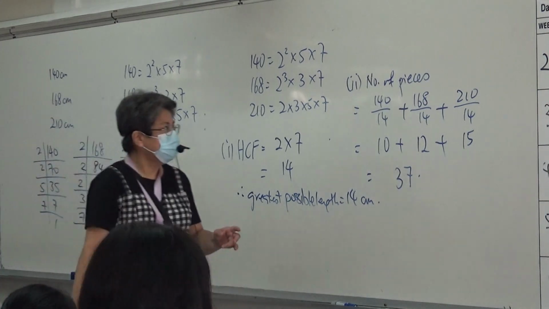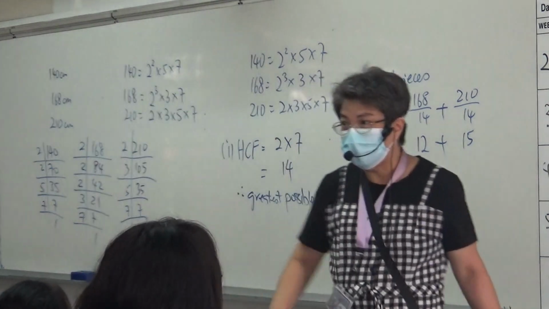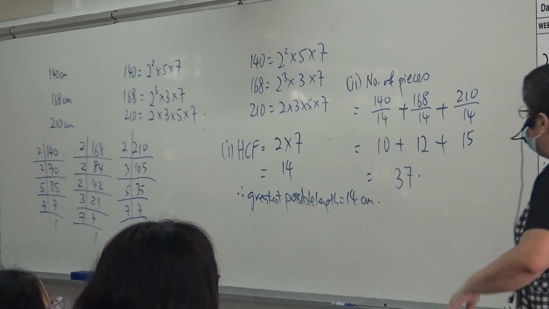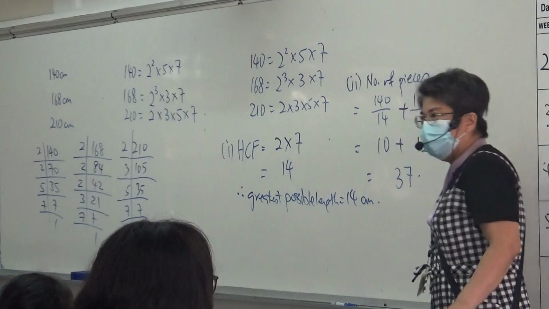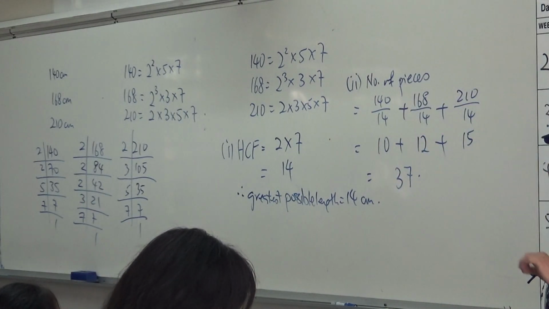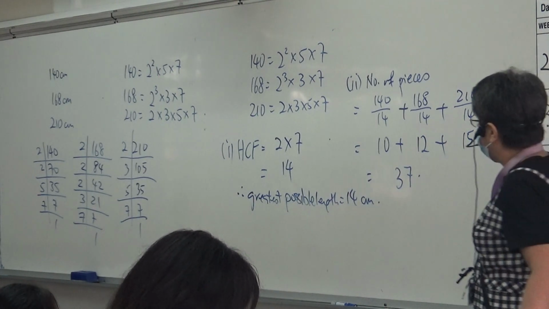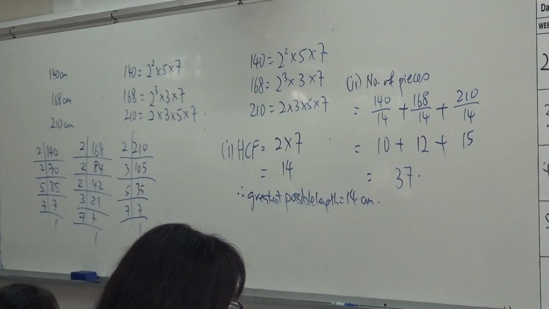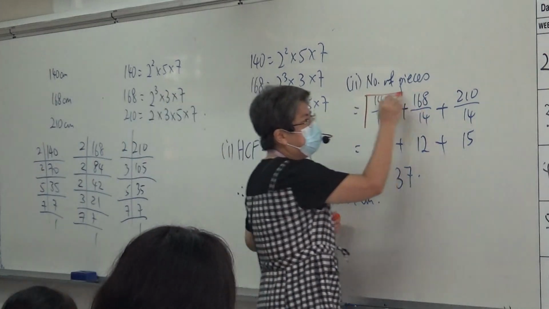Now, I'm going to tell you what the essential working is in an exam. First, for this part 2, you take this down first, and you must know how to write fast. Do you agree that the essential step is actually this one?